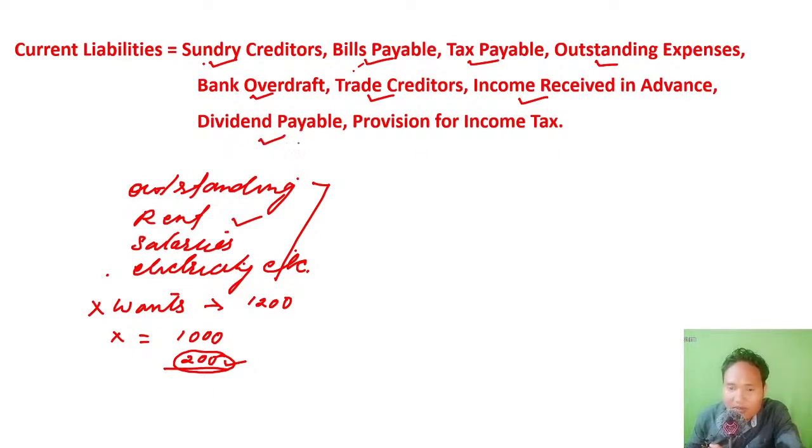Dividends are paid quarterly, half yearly, or within a year. Provisions for taxes. So these are some items included in current liabilities. The students are asked to record all those items in their respective copies. Now let us solve some of the questions which were asked in the previous AHSEC examinations.